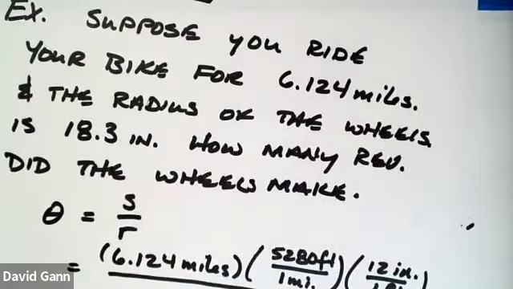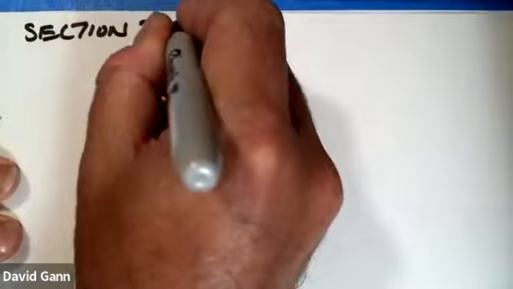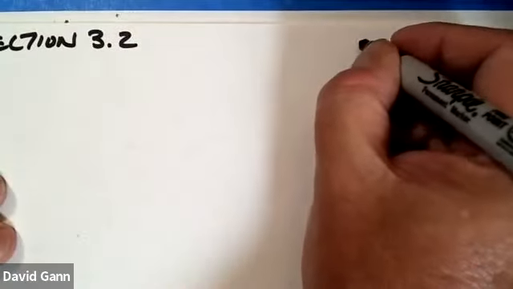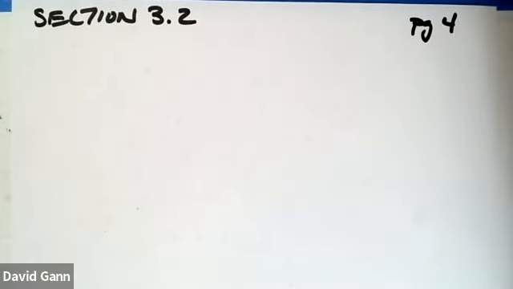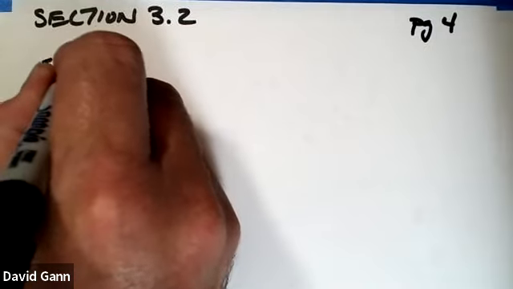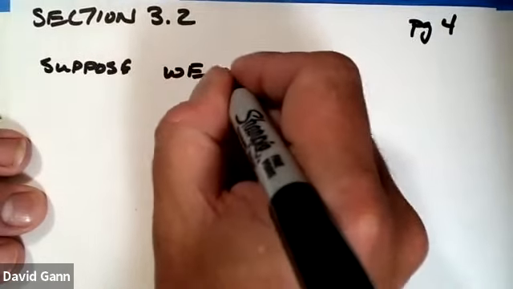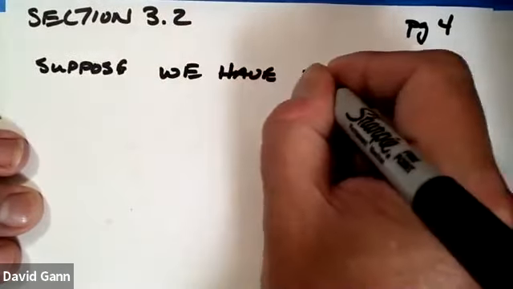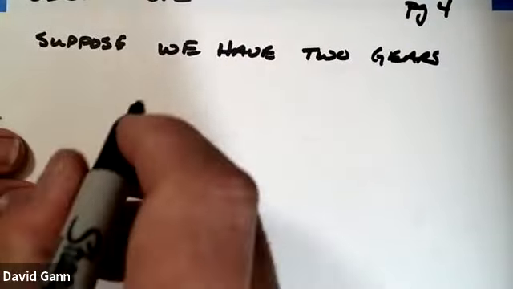So let's move on to a different kind of problem that we have in this section, which is ones involving wheels connected with gears or pulleys or something like that. So let's suppose we have two gears that are in contact.